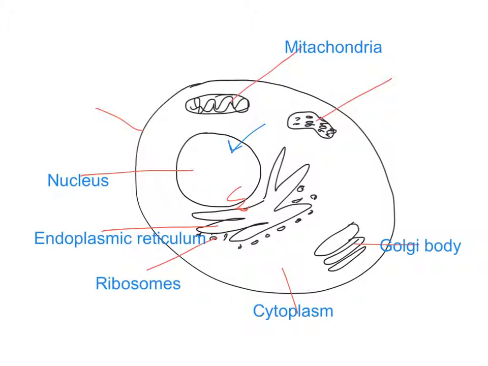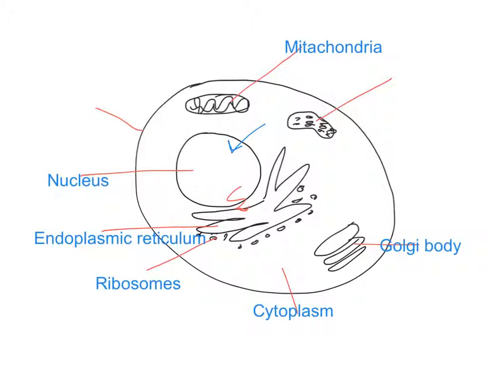Now, DNA itself cannot leave the nucleus. It's held within that. So that's why we have to make a copy called RNA in the process of transcription, to then be translated in the ribosomes. And the RNA is taken out through nuclear pores. So sometimes in those pictures we see little holes in the nucleus. That's because the RNA can fit through those, but the DNA cannot.